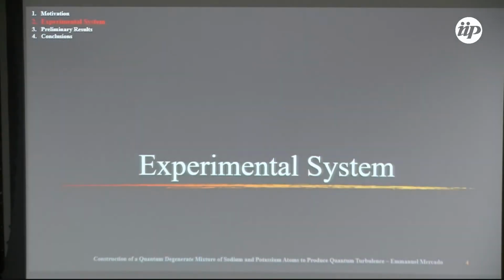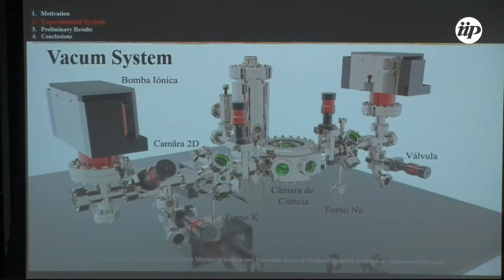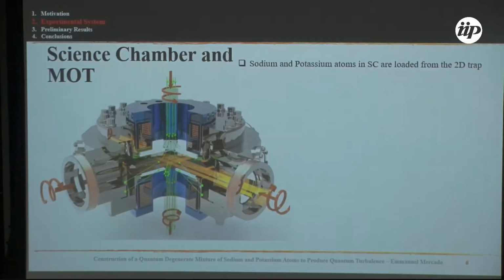So how are we going to do that? Well, this is our experimental system, the vacuum system. We load the two species from a 2D chamber here, and we load the atoms in the 3D chamber, which is a 3D MOT configuration.